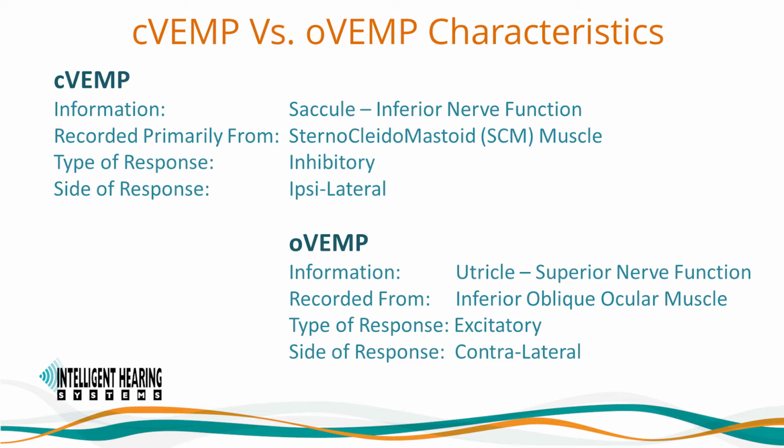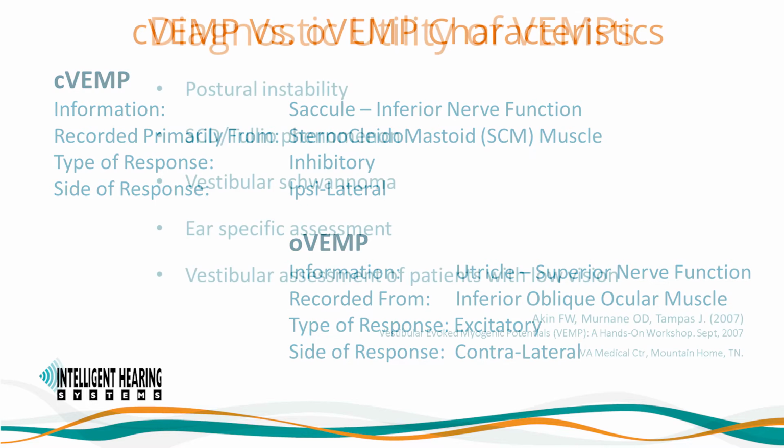The type of response is inhibitory, and the site of response is ipsilateral. On the contrary, oVEMP or ocular VEMP information originates from the utricle or superior nerve function. It is recorded from the inferior oblique ocular muscle. The type of response is excitatory, and the site of response is contralateral.